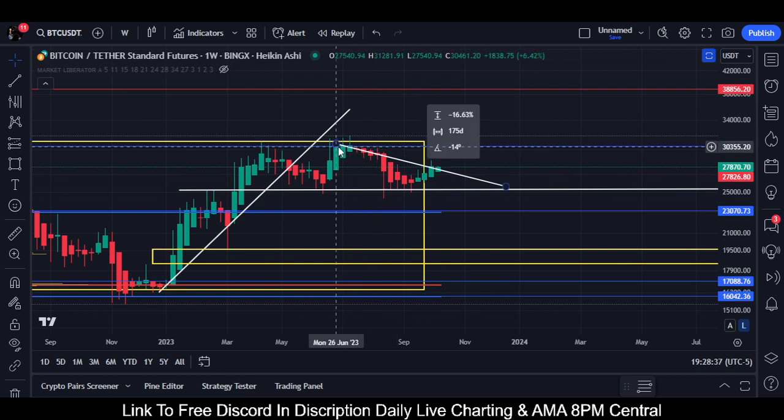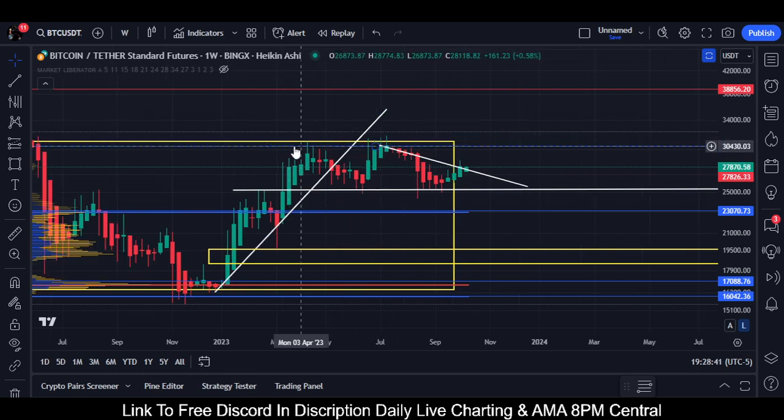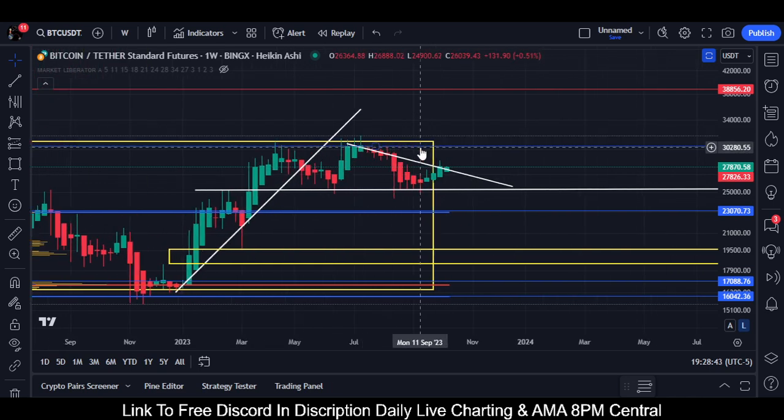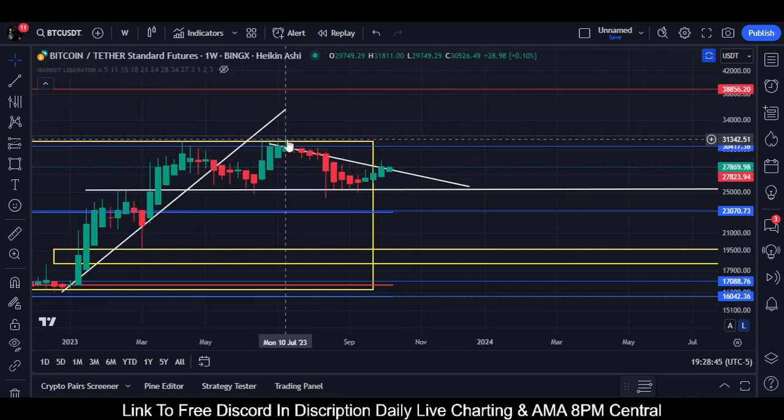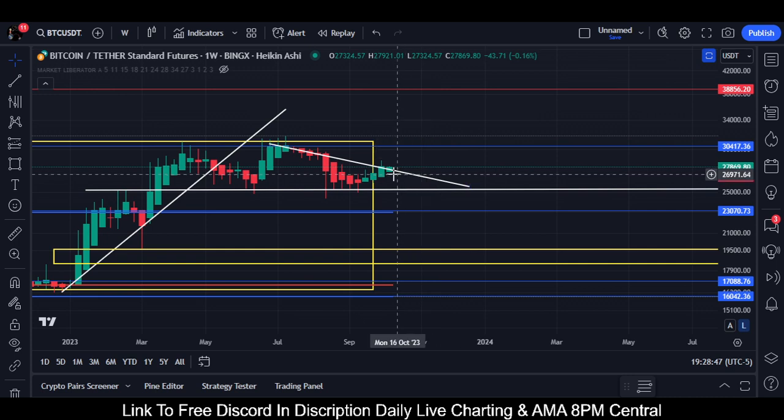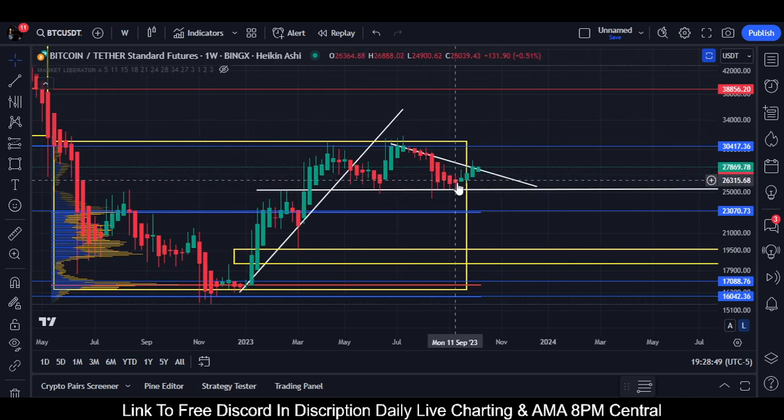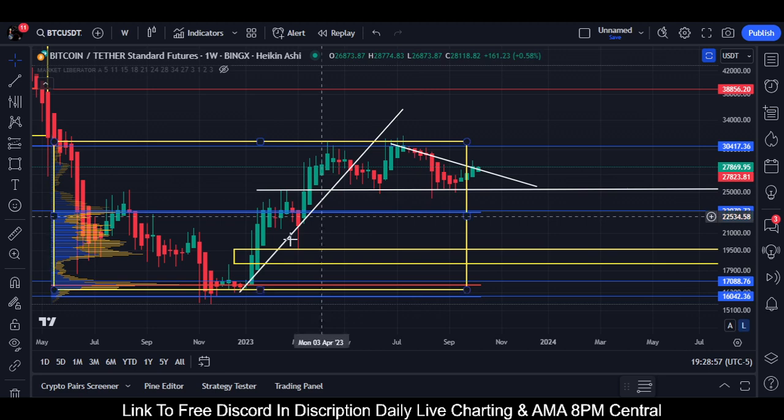Sure likes that value area price, don't it? Look at 3 weekly closes. But even on the close price, we've broken this trend. We got 1, 2, 3, 4 weeks in the green, taking the averages on the Heikin Ashi. So here's our market structure.